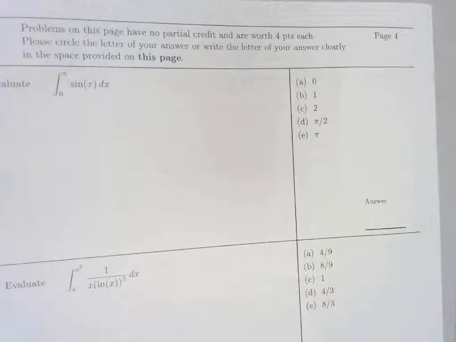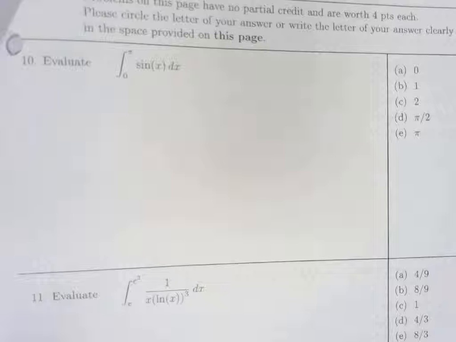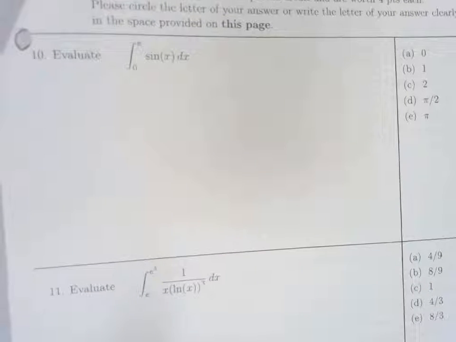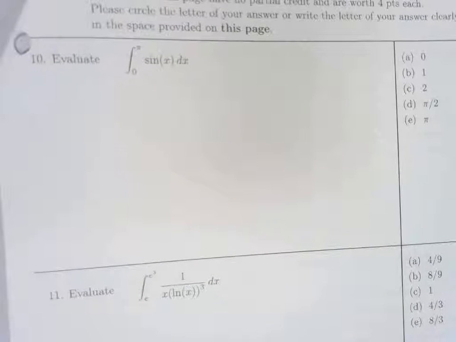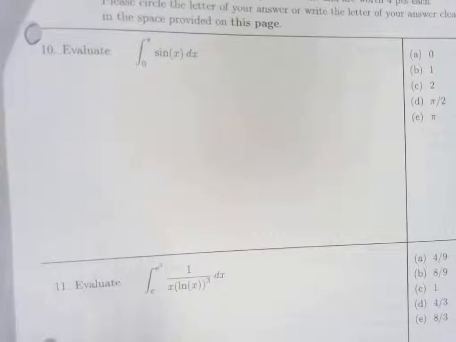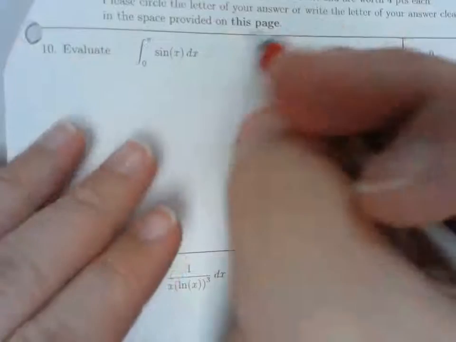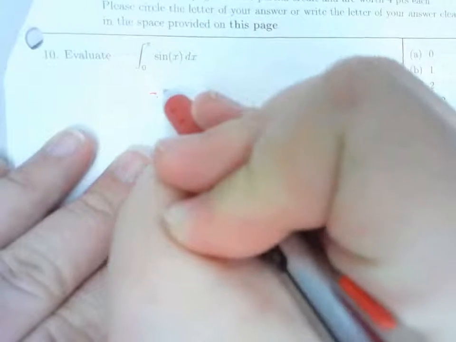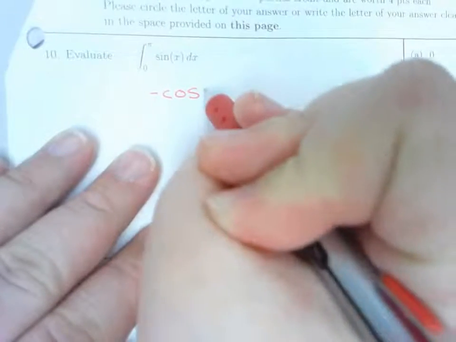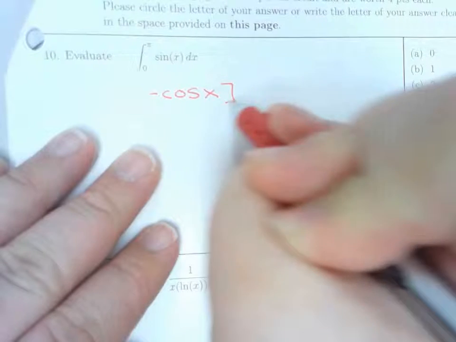Okay, let's look at 10. 10 is a nice one. I would be happy if one like that showed up. It's a definite integral because I have specific endpoints, so I'm just going to integrate. Integral of sine x is negative cosine x, from 0 to pi.